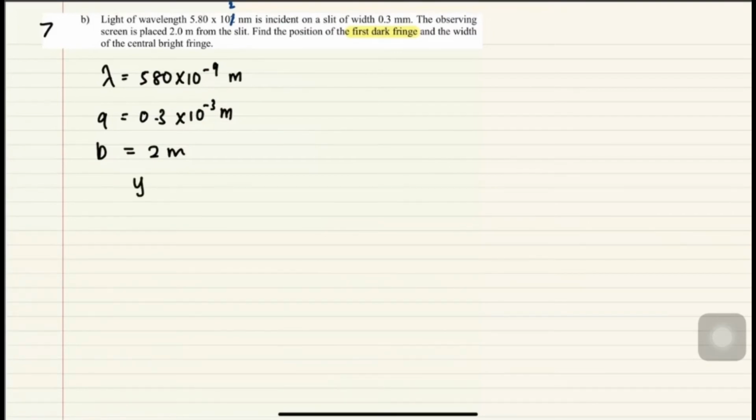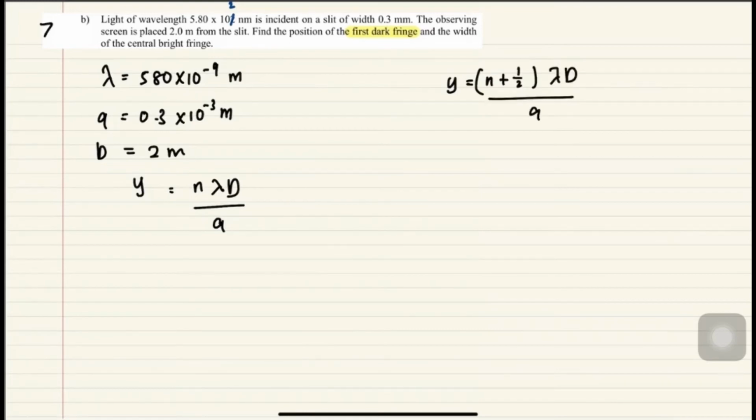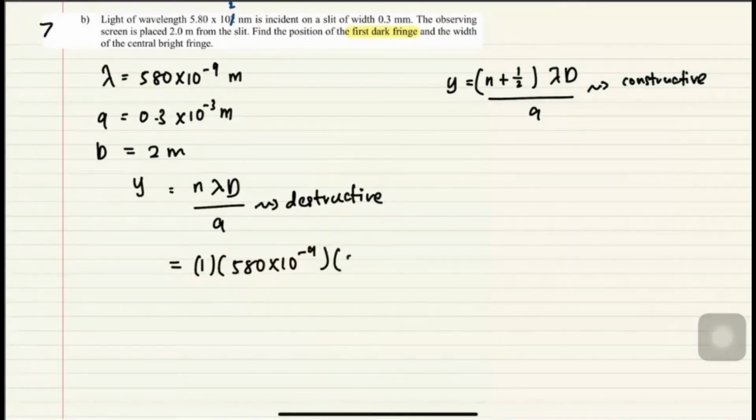So y equals to, for destructive we use n, because this is the reverse of the double slit. For constructive, it is the other one. Since the dark fringe is destructive, we use this. So n will be 1 first, lambda is 580 times 10 to the negative 9, D is 2, a is 0.3 times 10 to the negative 3.